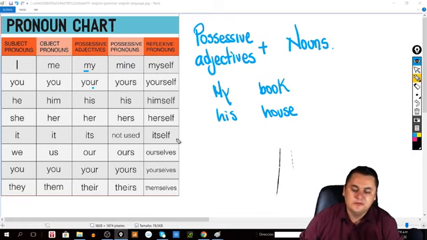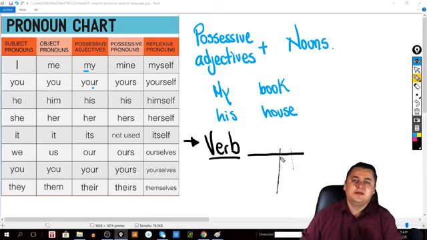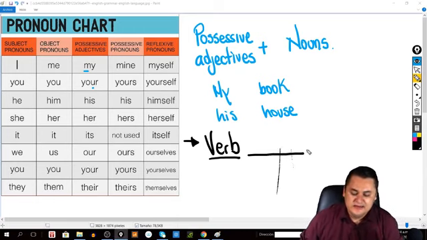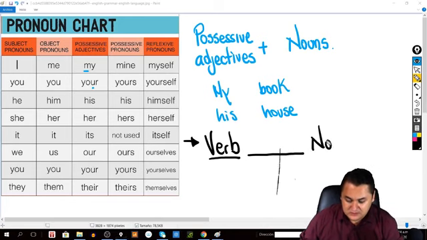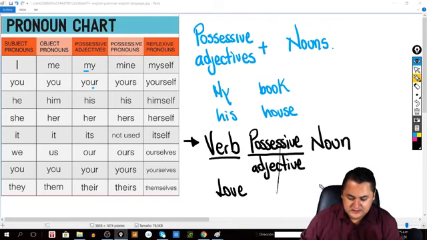Another important rule for us to understand is that if we have a verb before a space, and after the space we have a noun, the word that can only come in the middle is a possessive adjective. For example, love, and then we can talk about family.